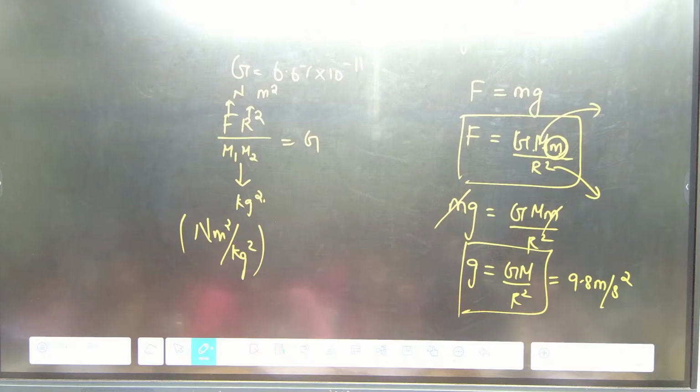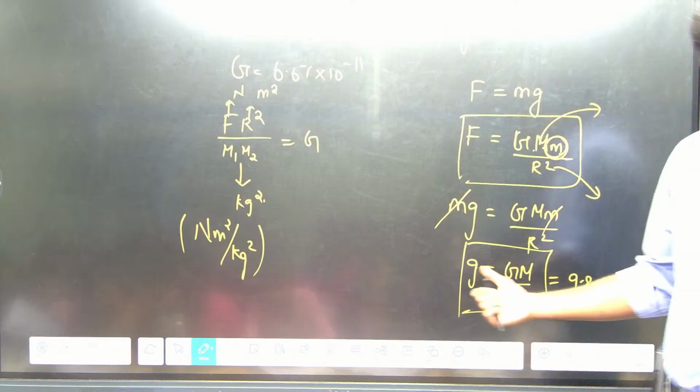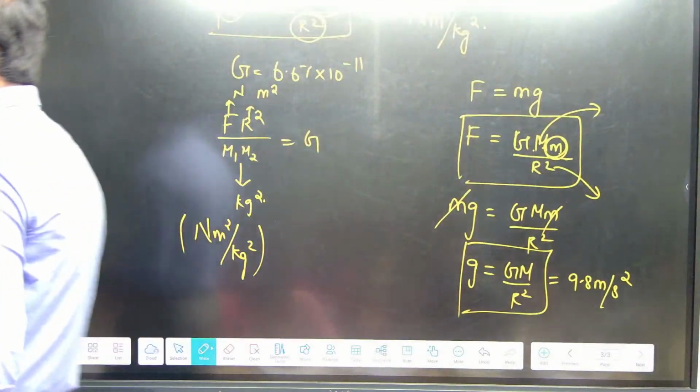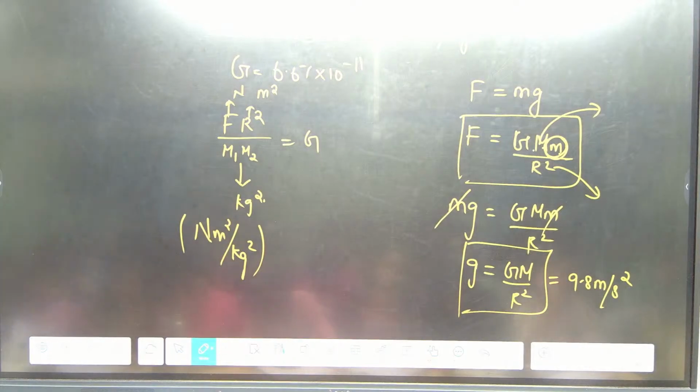So 4 points completed, this is the fourth point. Now the fifth point. The value of g, small g, is not exactly the same everywhere.